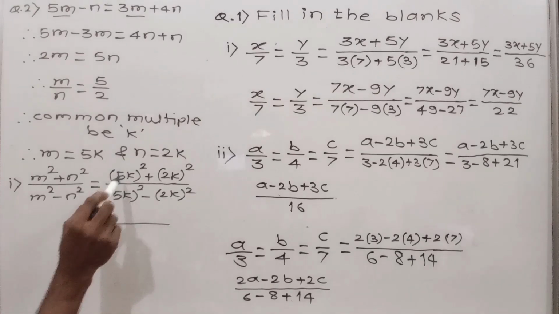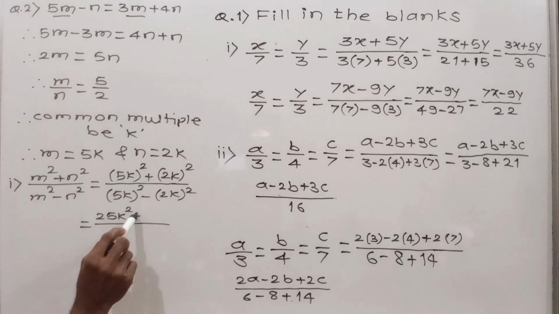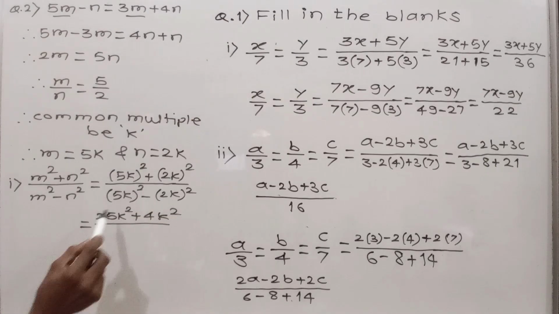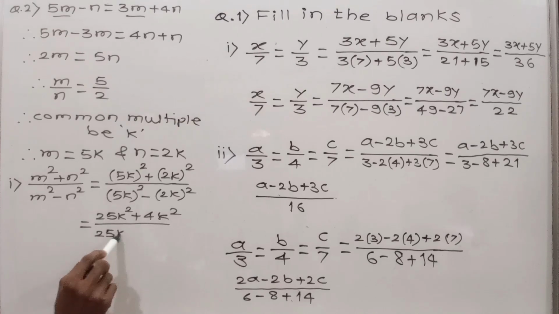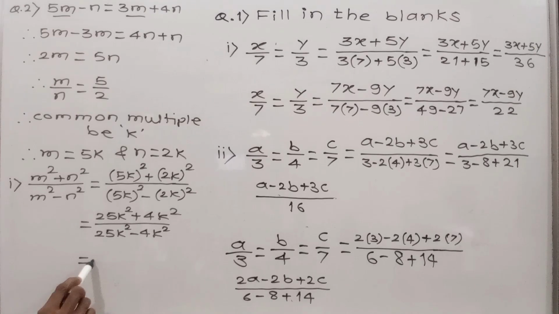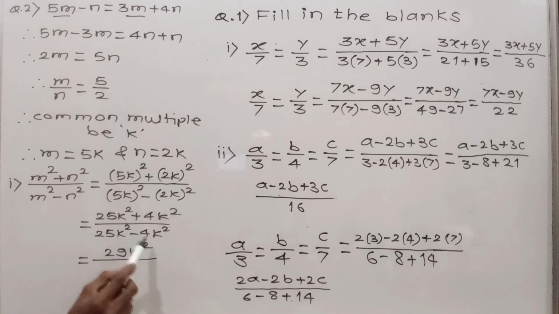Therefore 5 square k square plus 2 square, 4k square, upon 25k square minus 4k square. 25k square plus 4k square means 29k square upon the subtraction, 21k square. k square in numerator and denominator cancelled.